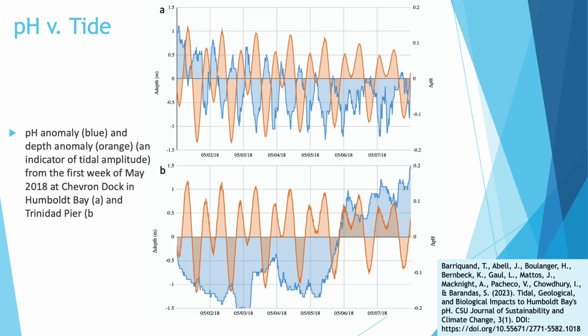We have Humboldt Bay in part A, the top graph, and then Trinidad in B. And what we can see very clearly as we look at the pH, which is blue, and compare that to the water depth, which is basically giving us a tidal signal, we see a very clear tidal signal, which we expect. We expect to see that very clear tide as that depth is alternating.